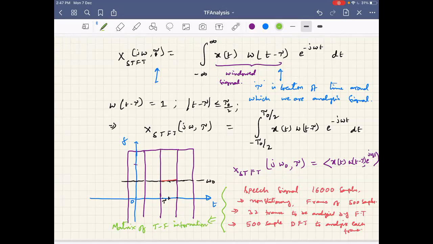On the x-axis, instead of time, what we get here is the frame number.